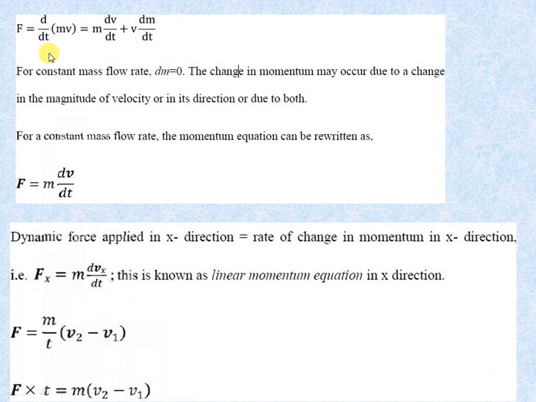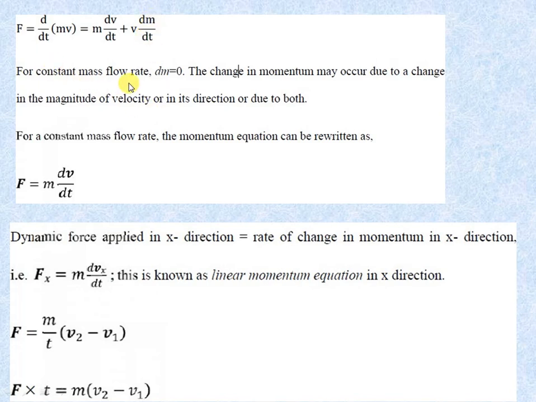We can write this another way. F is equal to d by dt of mv. Again apply the product rule for differentiation. So m is constant: m dv by dt plus v dm by dt. But in solid mechanics this differential of mass is equal to 0 because the mass remains constant.